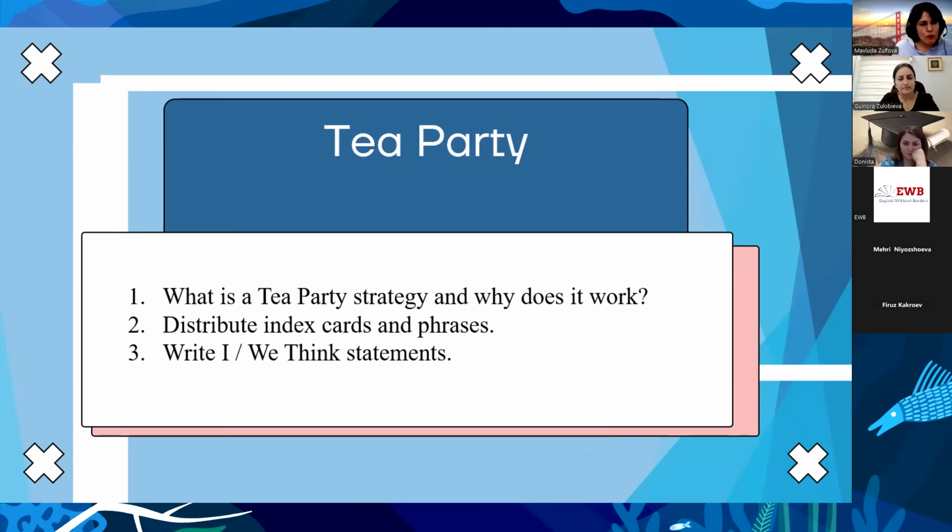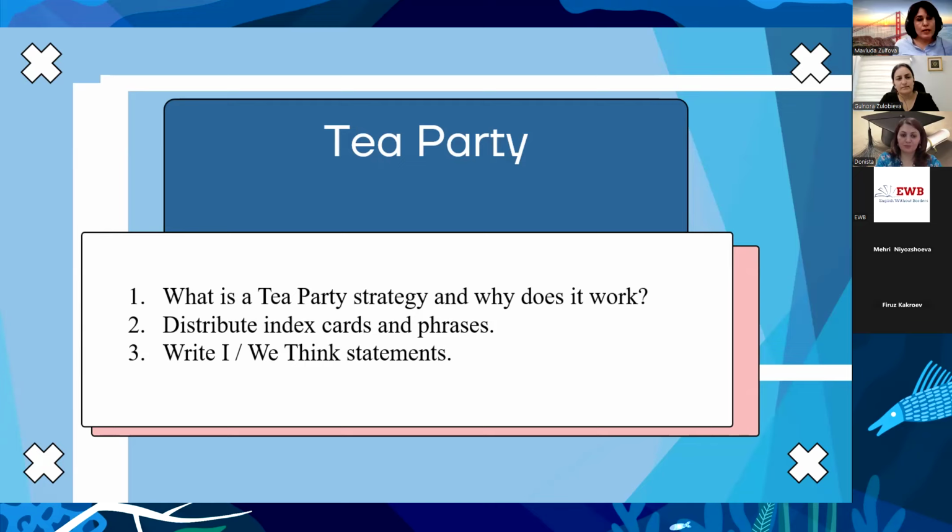And then when the students finish, for about 10 or 12 minutes, they can mingle and have a discussion. After 10 or 12 minutes, the teacher can stop the activity and ask everyone to take their seats.